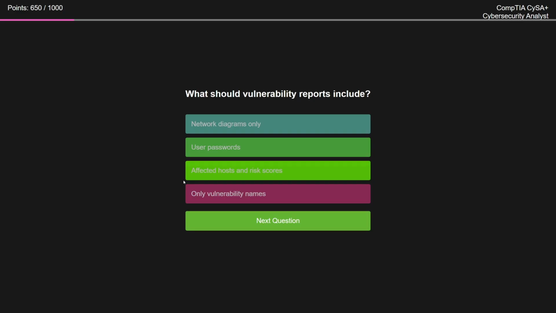That's for the risk scores. You want to know the affected host, who was actually infected. That's what you'd want to document. You want to put the affected host and the risk scores. I mean, that's the most important thing, right? And it's not limiting like these ones. These ones are saying only, or user passwords, or network diagrams. Of course, you'd want to put some of the network diagrams some of the time.